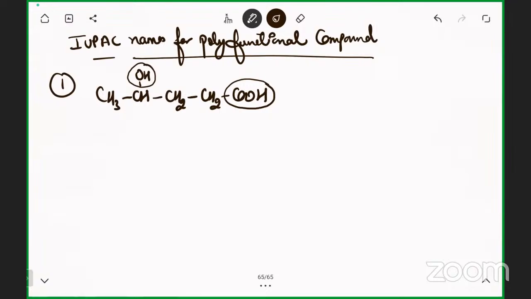So you do the numbering from the side of the higher priority group: 1, 2, 3, 4, 5. On the fourth position we have OH, so it will be in the prefix: 4-hydroxy. With 5 carbons, we use pentanoic acid.